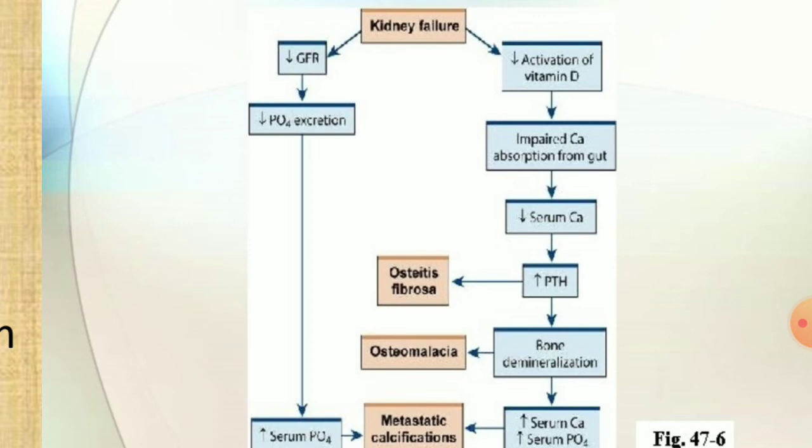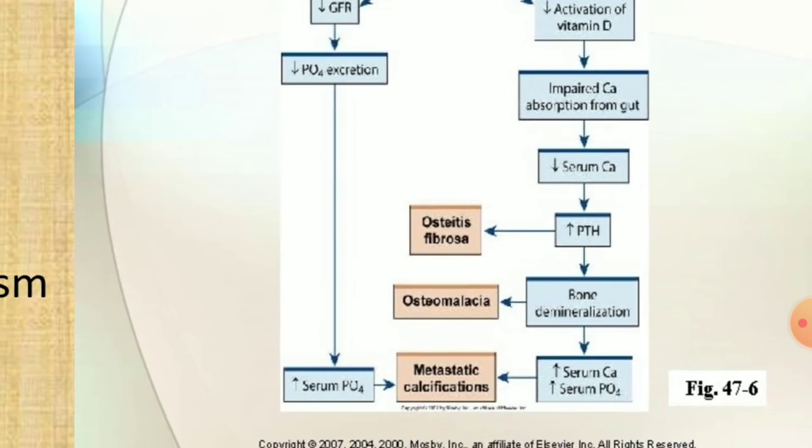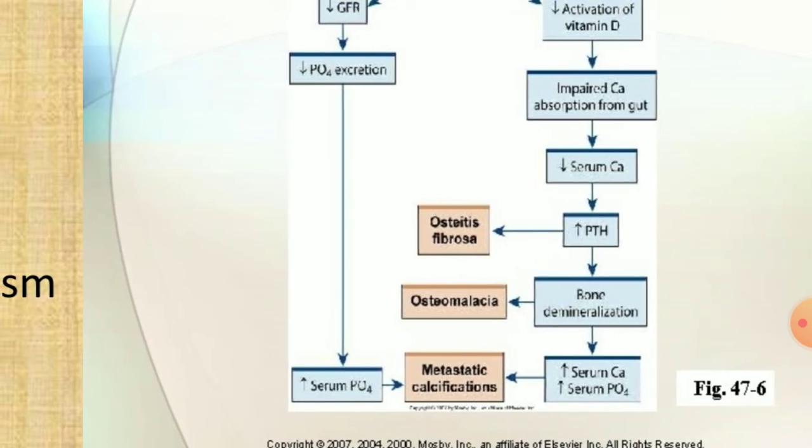And in the phase of excess PTH, there occurs alteration of different target organs like bone demineralization. Bone demineralization will give rise to osteoporosis, osteomalacia, and excessive calcium released into the blood will give rise to osteitis fibrosa, metastatic calcification, and calcium stone formation in different soft tissue organs.